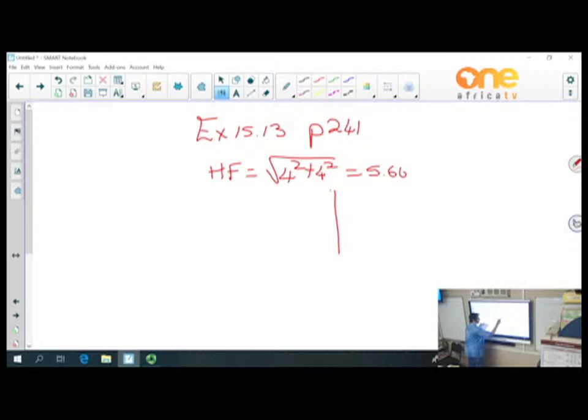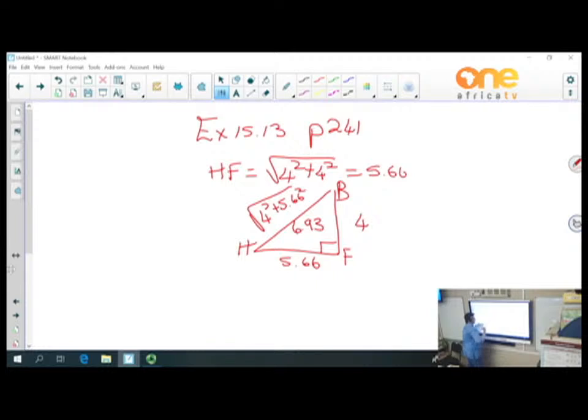Now look, now I'm going to draw that triangle. HB, where is my 90-degree angle? That's now very important, at F. Can you see that? So that means HF is now 5.66. This one is still 4, so to calculate HB, it will be 4 squared plus 5.66 squared, which is what? 6.93. Remember that you will actually also use unrounded information there.